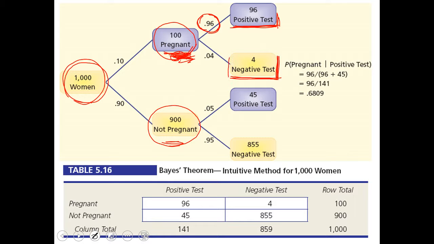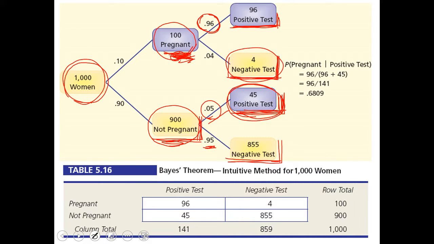So it fails the test. And 900 non-pregnant women take the test. Then 5% of them may have a positive test. It is wrong, but because this testing kit is not perfect, 5% of them may have the positive test, and 95% of them have the negative test. It is correct. It is an error, but it is possible.